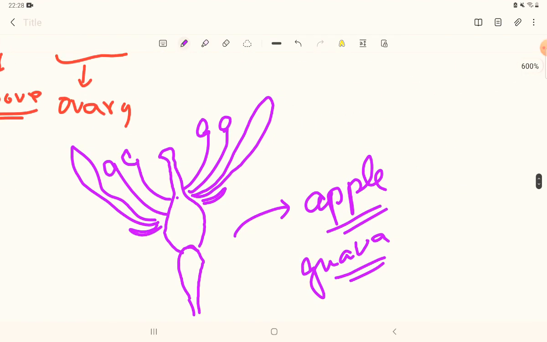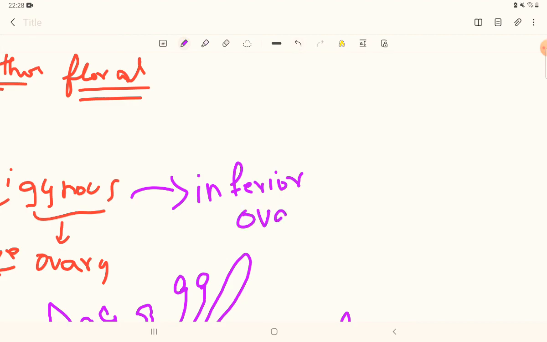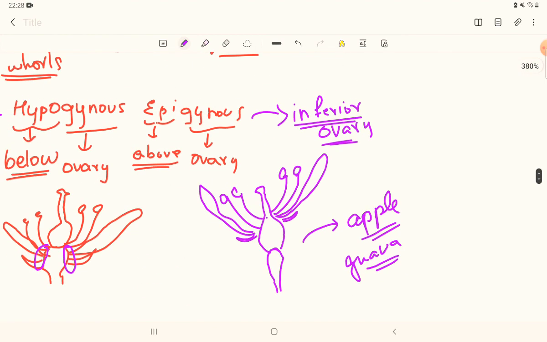As in epigynous the ovary is down, I can say it is an inferior ovary. Fine.